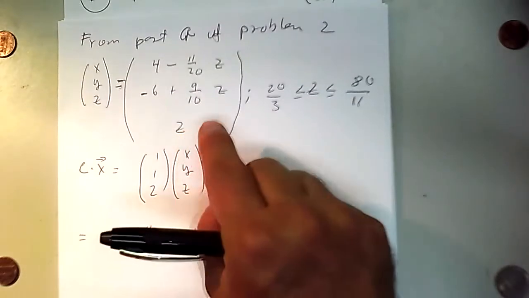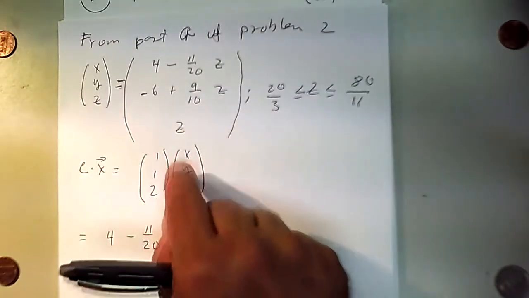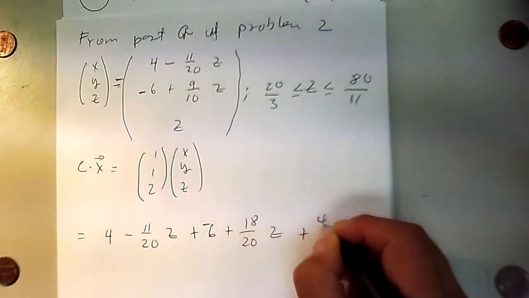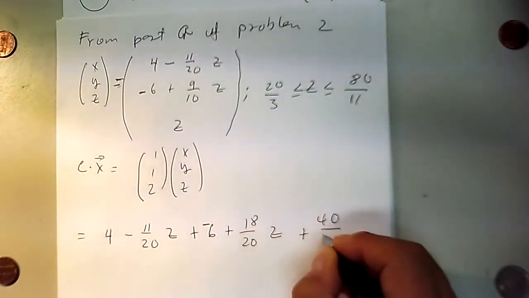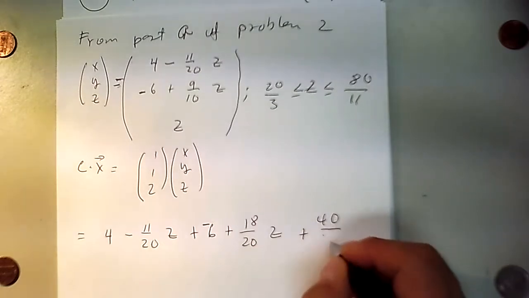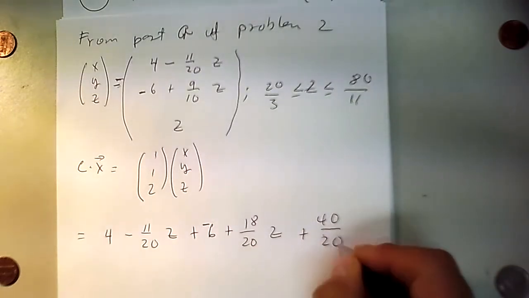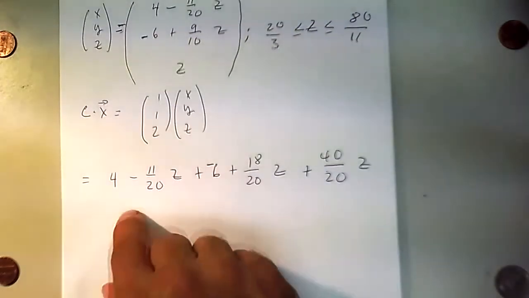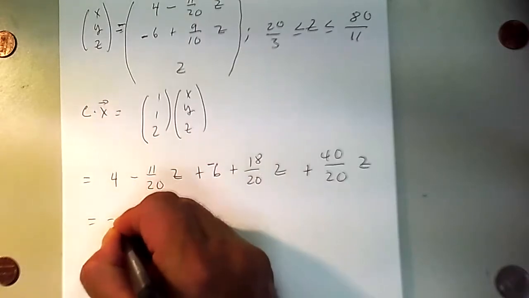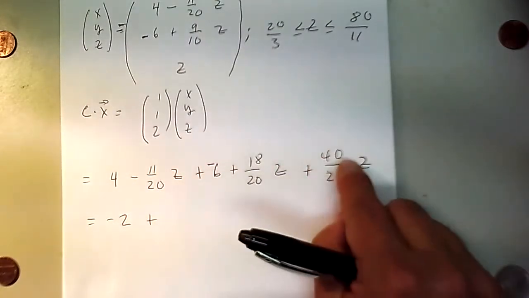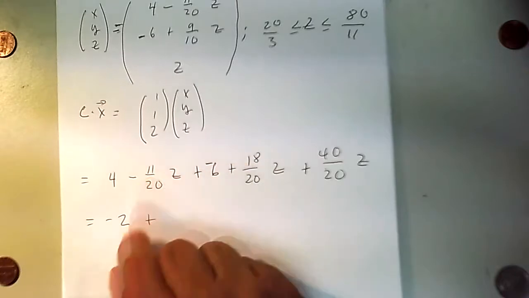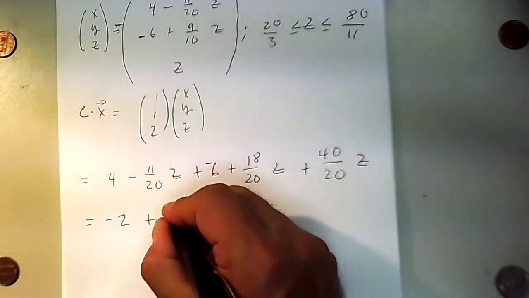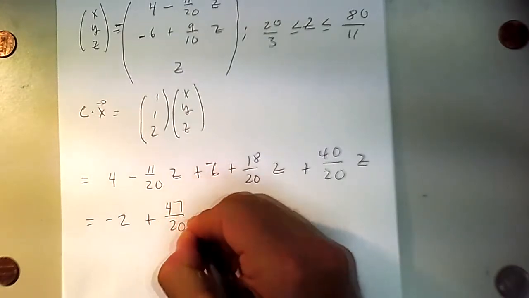But here's the difference: plus 2 z's, so 2 of those. If we are using a denominator of 20, that means we have to add 40 over 20, that's 2z. So 4 minus 6 is negative 2, plus 40 is 38, minus 11 is 47 over 20 z.